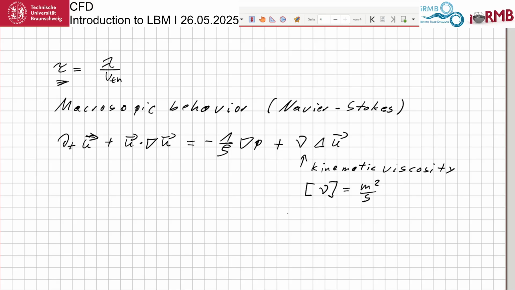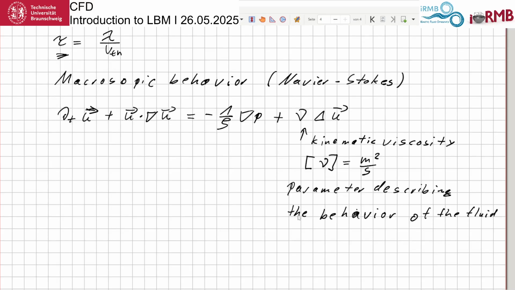So this is the parameter describing the behavior of the fluid.